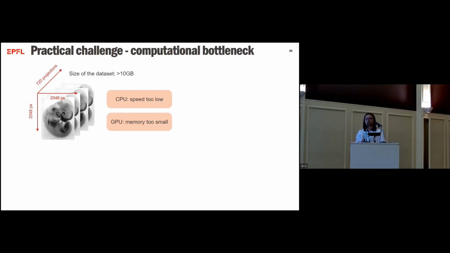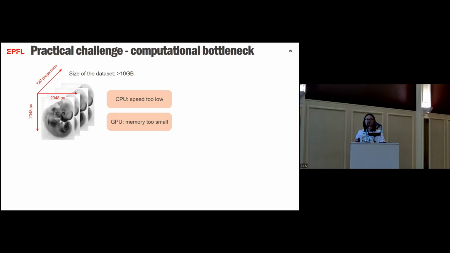There are some challenges we need to address with our experimental data set. The first issue is the computational bottleneck. The size of the OPT projection data set is typically over 10 gigabytes. And unfortunately, it turned out it's infeasible for the computational power we have at hand. On CPU, it is too slow.